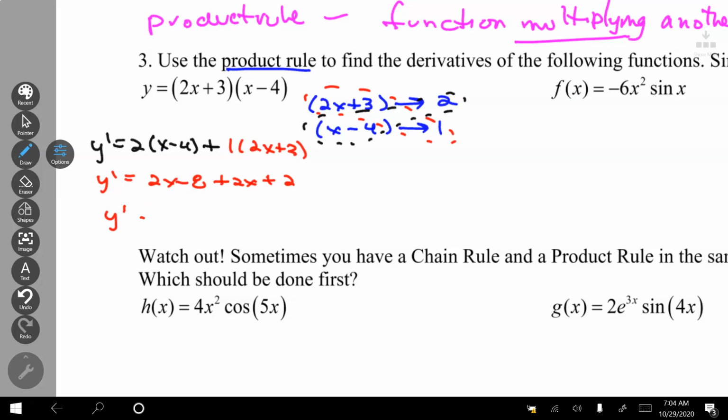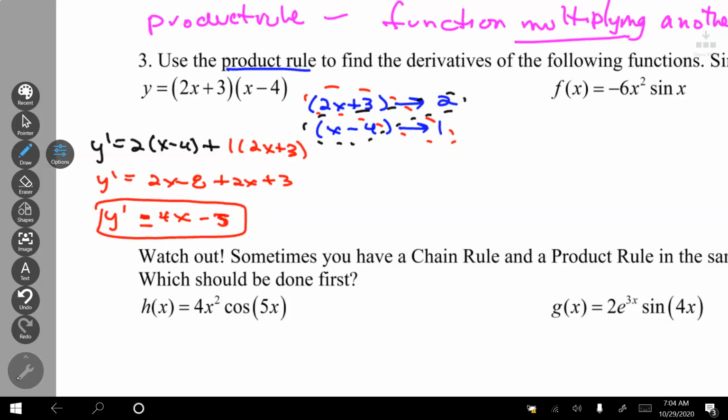I get y prime is equal to 4x, that's 2x, oh that's a 3, my bad. Can't even read my own handwriting. 2x plus 3, it's 4x minus 5. That is its derivative.